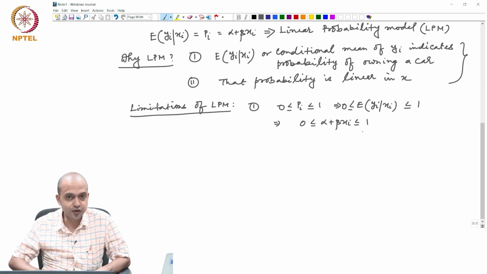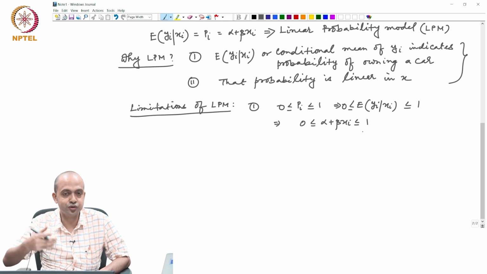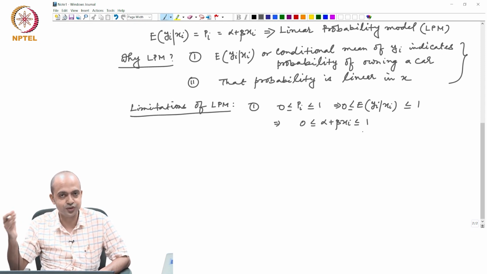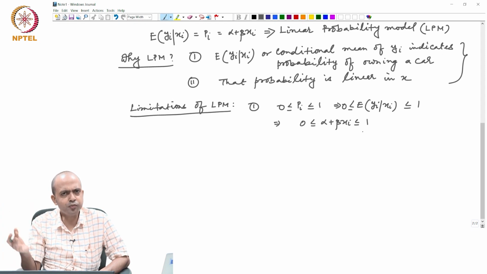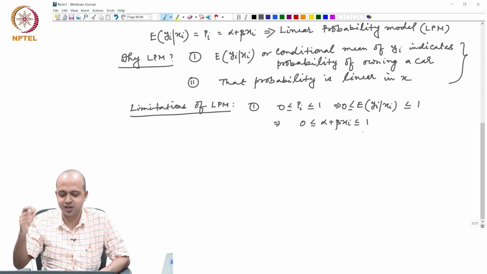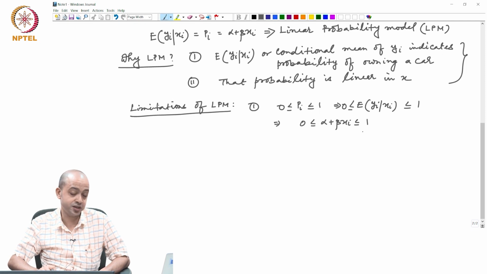Since this is a linear function, as income increases, the probability of owning a car will also increase. Income increasing from 40,000 to 50,000 gives some increase in probability, then 50,000 to 75,000, another increase, then 75,000 to 1 lakh, 1.5 lakhs, 2 lakhs, 2.5 lakhs.